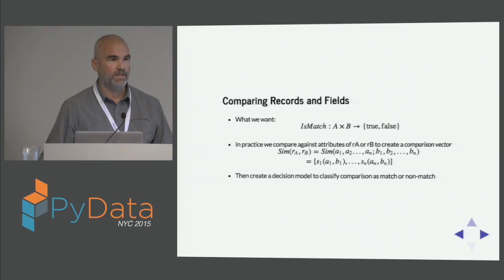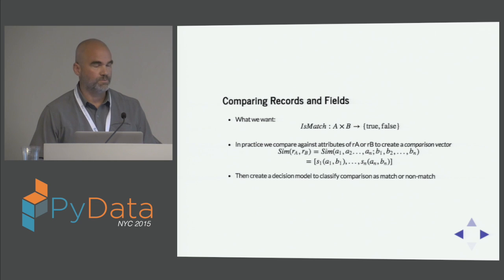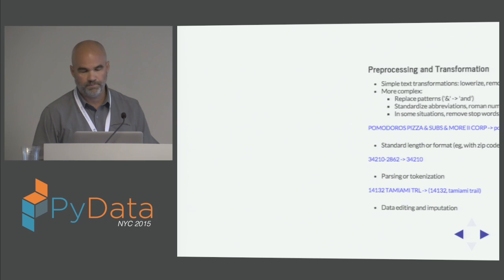Sometimes it's identical comparison, but it's usually some sort of distance metric, a string similarity function or other distance metrics. And what you end up with is what is usually called a comparison vector. And then from those comparison vectors, you make decisions about what is and isn't a match.